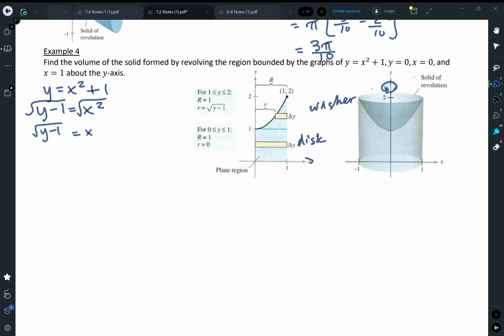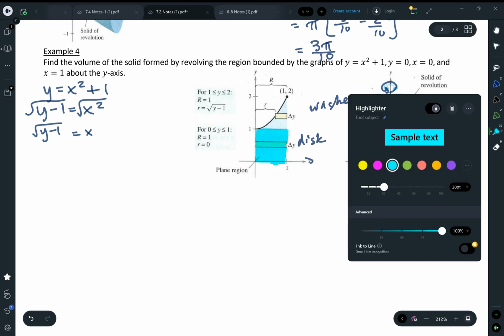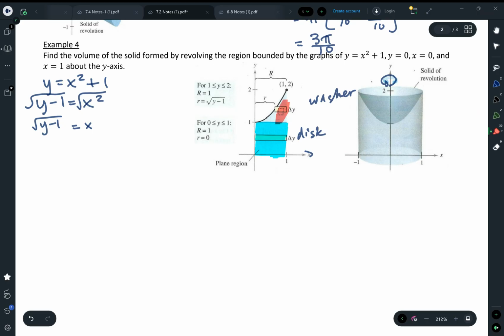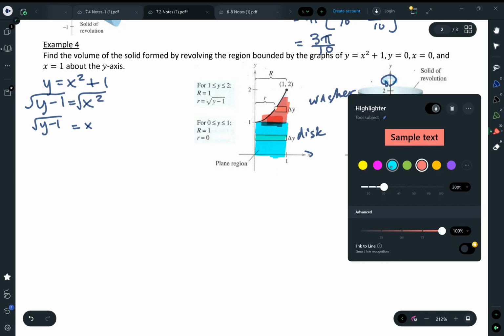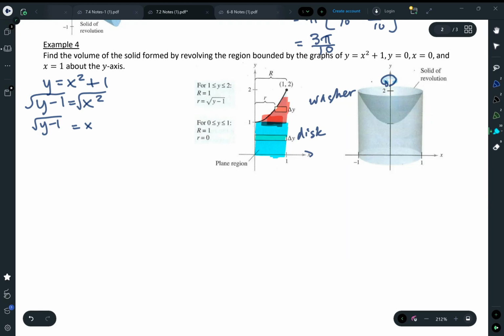All right, now I want to go ahead and put all this stuff together. So I've got two parts to my graph. I've got this part of my graph right here, and I've got the part above. First I want to look at the part that's solid all the way through, the disk part of it.